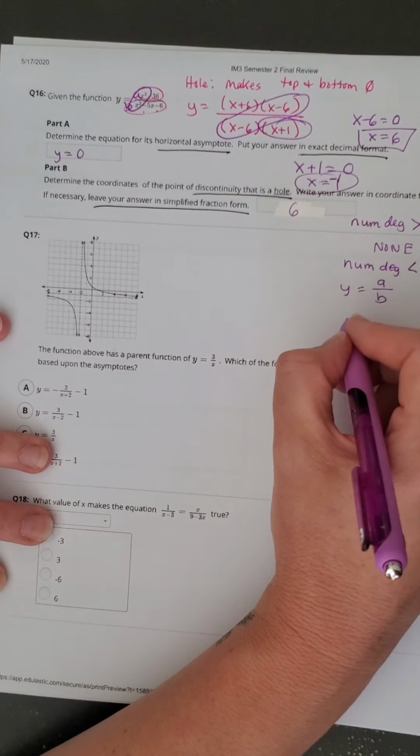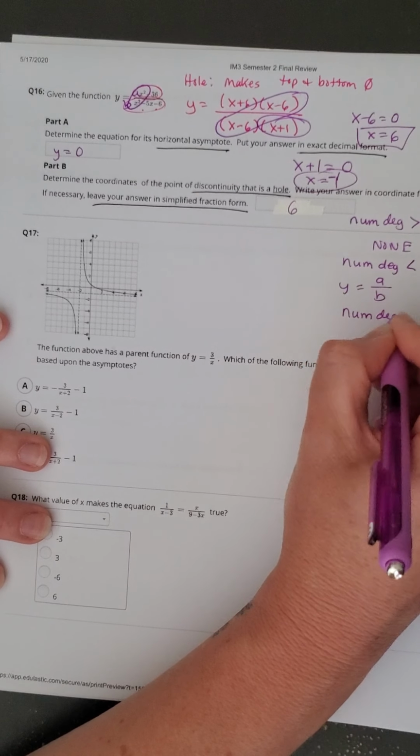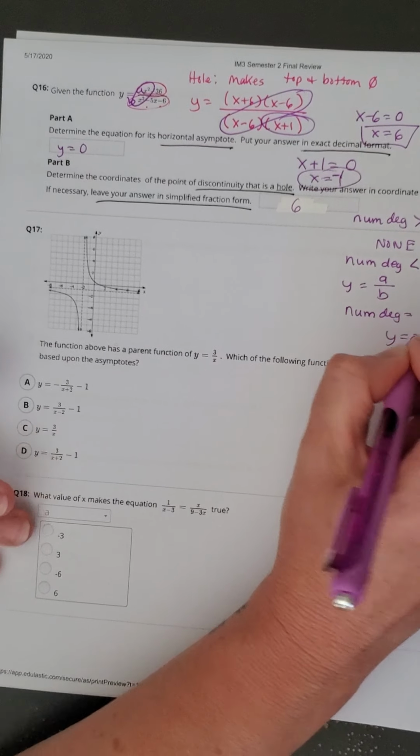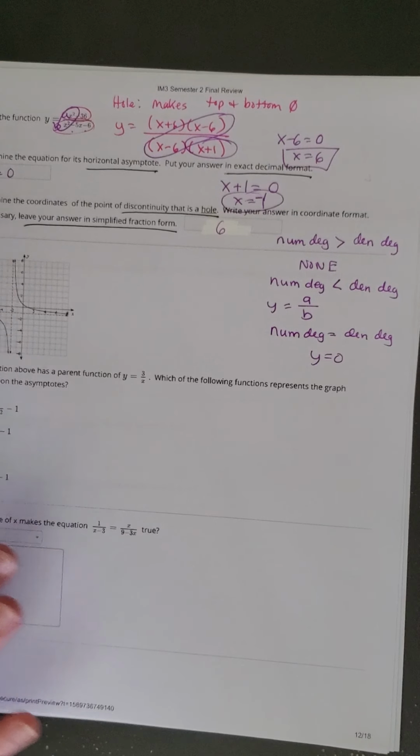And finally, if the numerator degree is equal to the denominator degree, then it's always the line y equals 0. And those are your 3 rules.